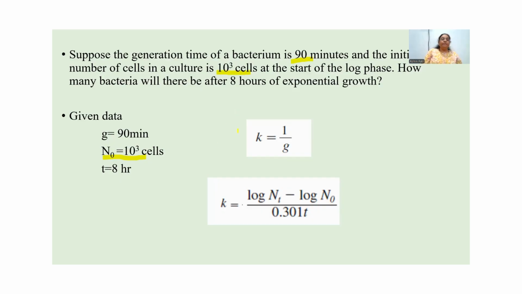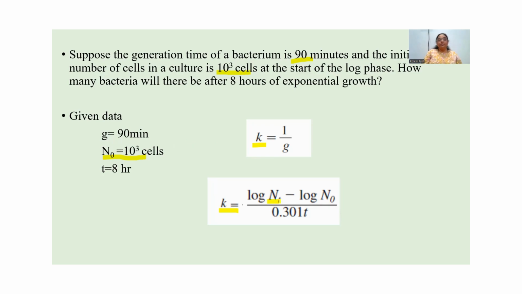Here, as the generation time, that is the doubling time, has been given, you first have to calculate the K. K is equal to 1 by G, so by this equation you can calculate K, that is the growth rate constant. And from the growth rate constant, you can calculate NT by using this equation.